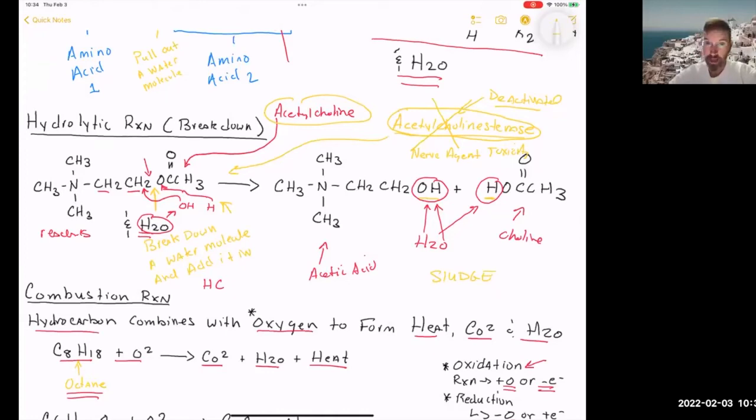And this is the fundamental pathophysiology of nerve agent toxicity, the deactivation of acetylcholinesterase, which prevents the hydrolytic breakdown of acetylcholine. So you can see that this chemistry stuff actually has direct pathophysiological consequences. And that's just one example of this.